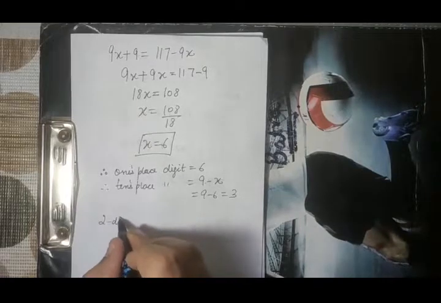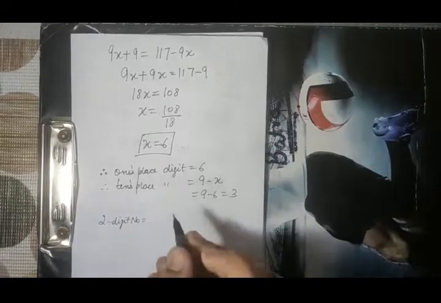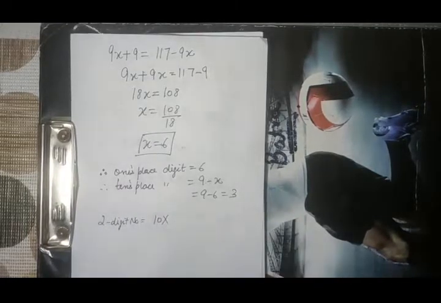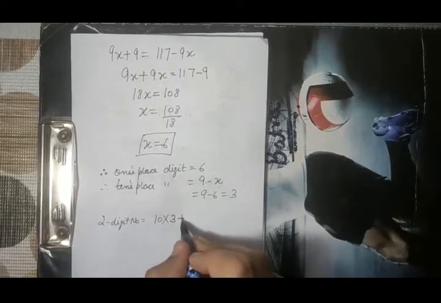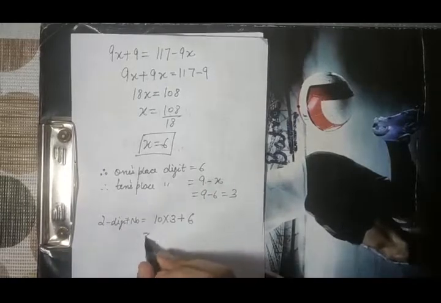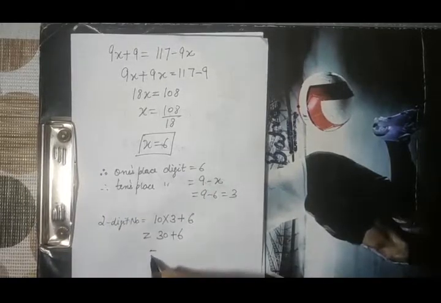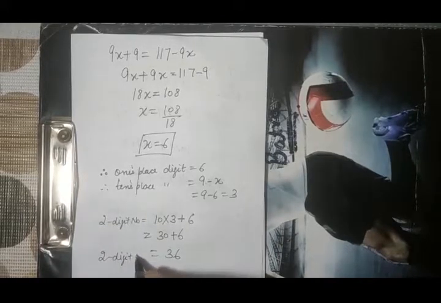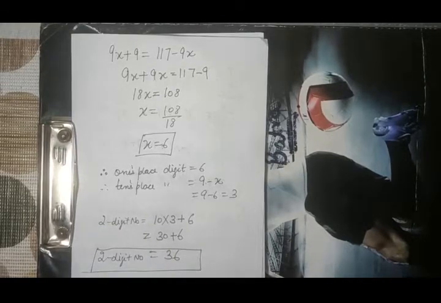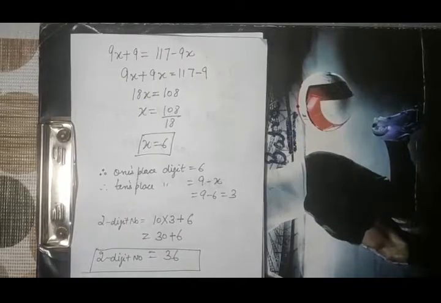So how to find two digit number? This is equal to 10 into tens place digit. What is tens place digit? 3, plus ones place digit 6. So this will become 30 plus 6 equal to 36. So this was question number 3.